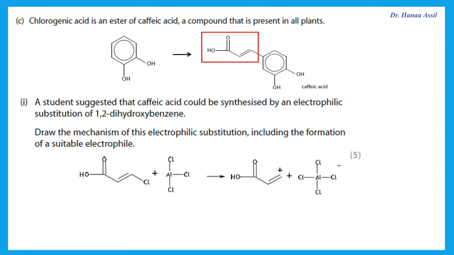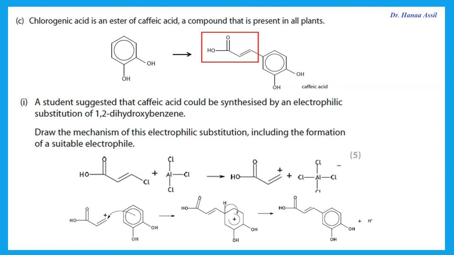This forms the electrophile, and this electrophile can then be attacked by the benzene ring, and then we remove the hydrogen using the electrons to change the benzene ring back to its original state. So this is the mechanism of any electrophilic substitution reaction with benzene.